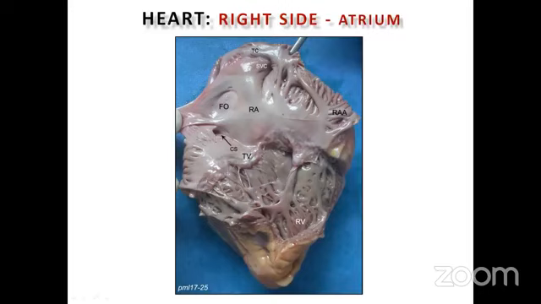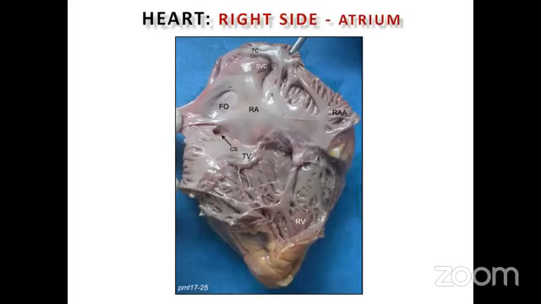This smooth surfaced venous component of the right atrium, also designated as the sinus venarum, is separated from the pectinated or the rough portion of the right atrial appendage by the second important landmark, which is the crista terminalis, the terminal crest. And we identified this crista on the external aspect as the sulcus terminalis.